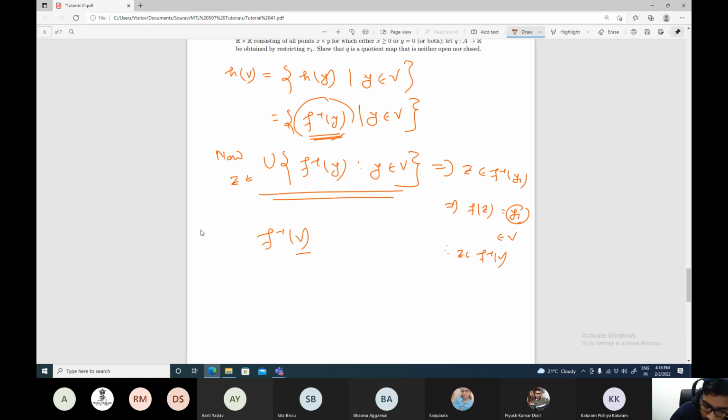Therefore, we can say this is actually F inverse of V. We started with H of V, so these two are the same.